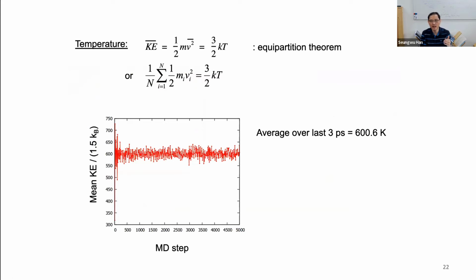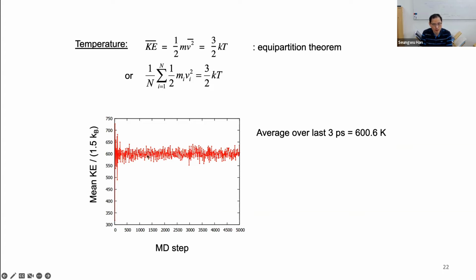By analyzing the trajectory, you can obtain the temperature or the velocity. Thermodynamically, the temperature is nothing but the mean kinetic energy, right? So from the trajectory, we calculate the mean kinetic energy and divide it by 1.5 times the Boltzmann constant, and it gives you the temperature of the system.